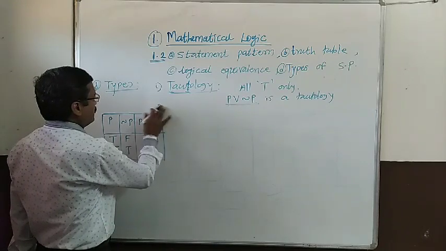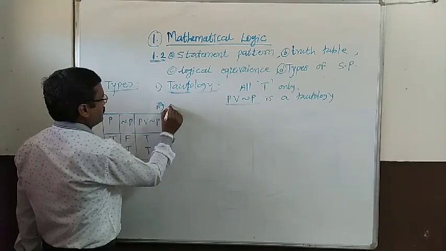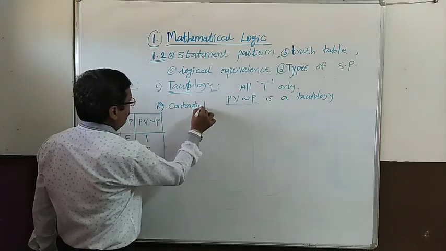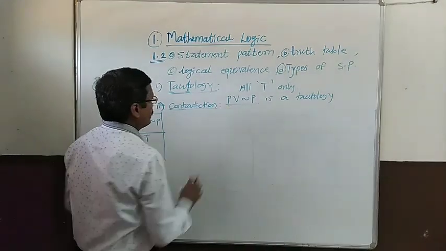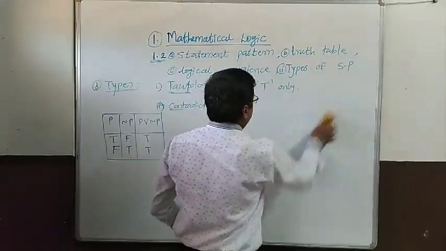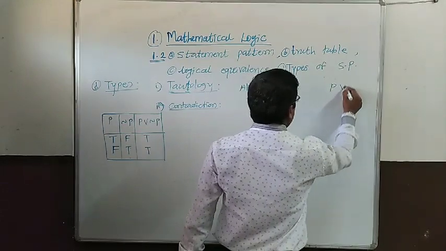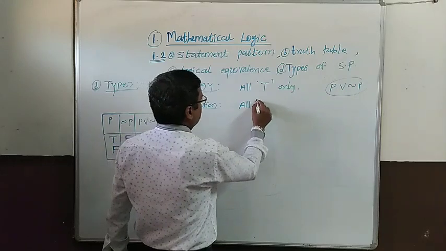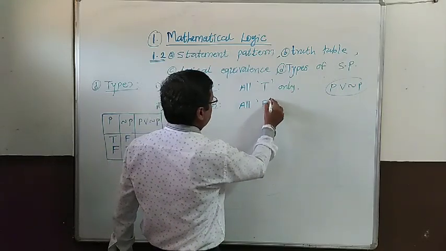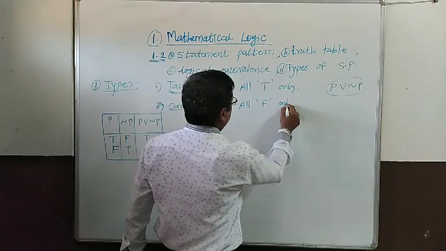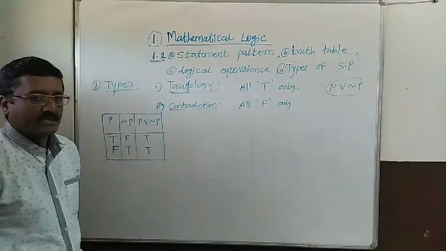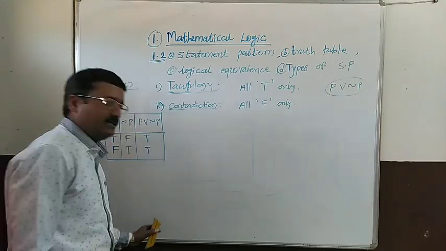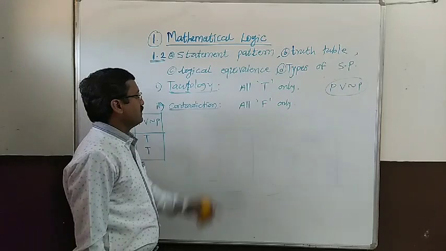Second, that is contradiction. In contradiction, if all the entries in the last column of that statement pattern are F, then that statement pattern is said to be a contradiction. Means in that column, if each entry is F, then that statement pattern is said to be a contradiction.